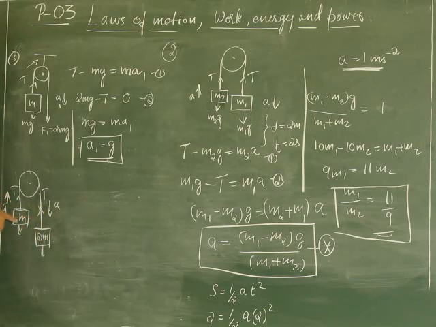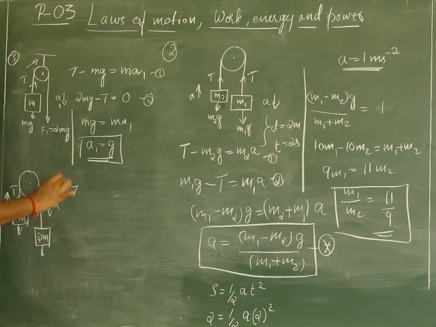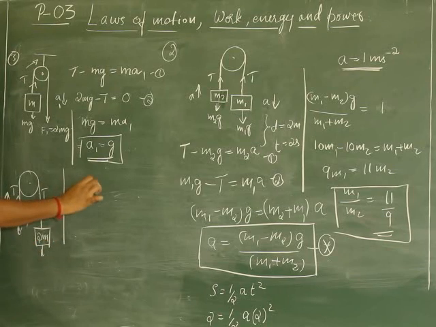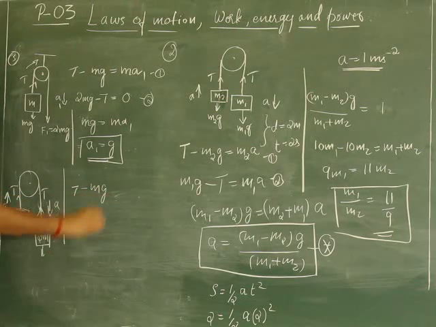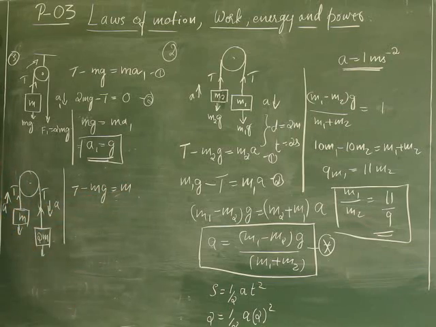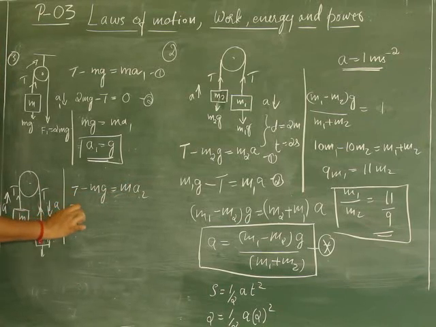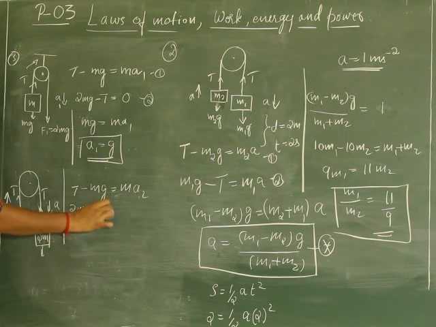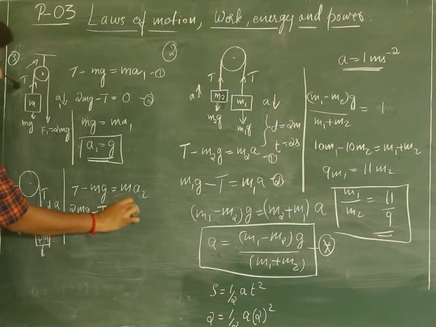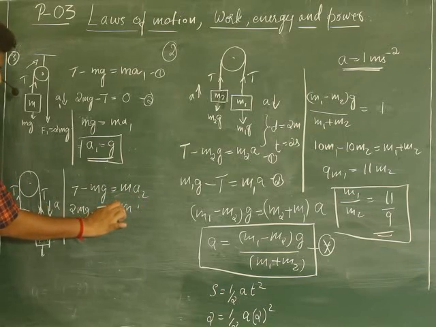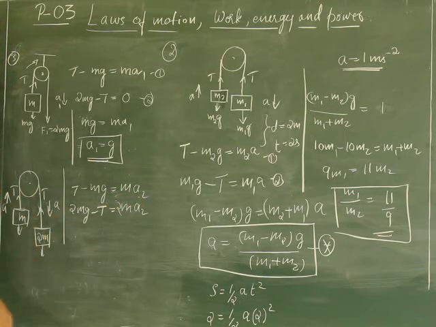In the second case, T minus mg equal to m A2, and 2mg minus T equal to 2m A2, correct? Next I will just substitute this.